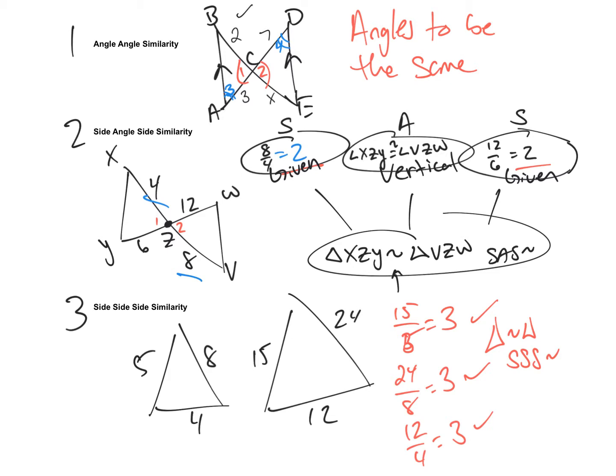So I can actually make a proportion now to solve for x. So I'm going to go 2 over x equals, I'm going to stay on the left side, 3 over 7. So again, you see how I line these sides up. And since I know that these triangles are similar, I know that this equal sign is actually true. The ratios hold.